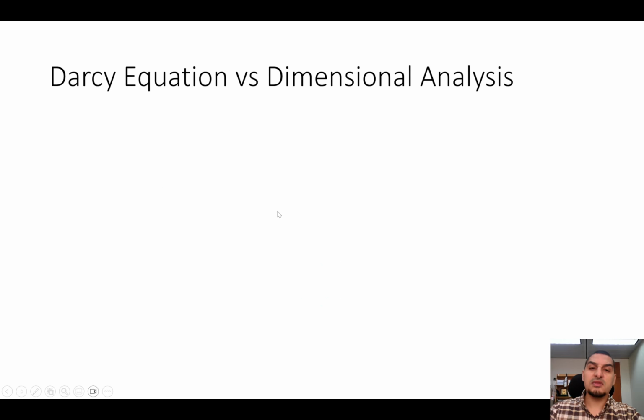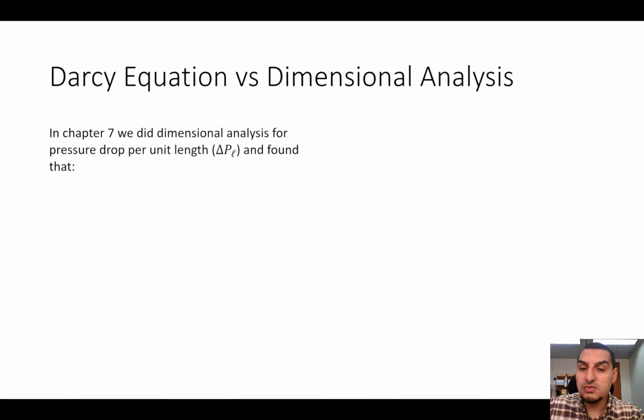This is something that I like to do: connect what we covered before with what we are discussing now. This is regarding the results of the dimensional analysis. If you remember in chapter 7, when we did the dimensional analysis, we reached the formula that delta P D over rho U square is a function of Reynolds number and the relative roughness.